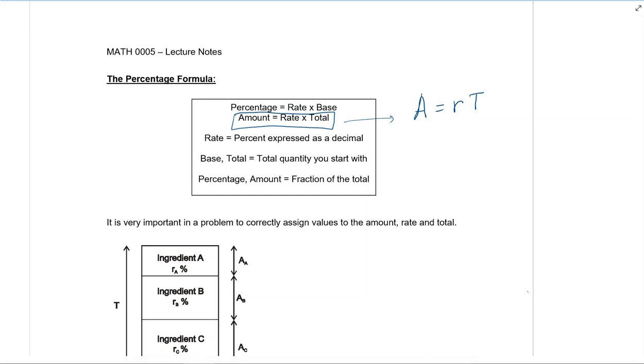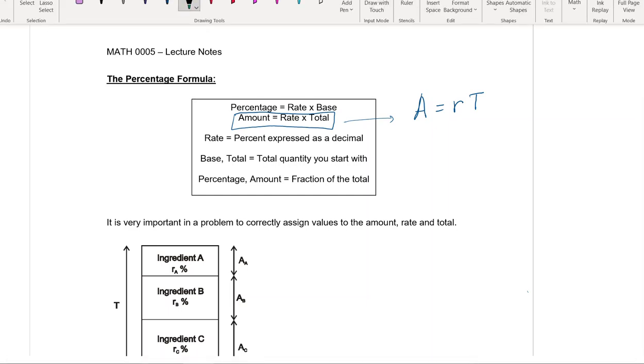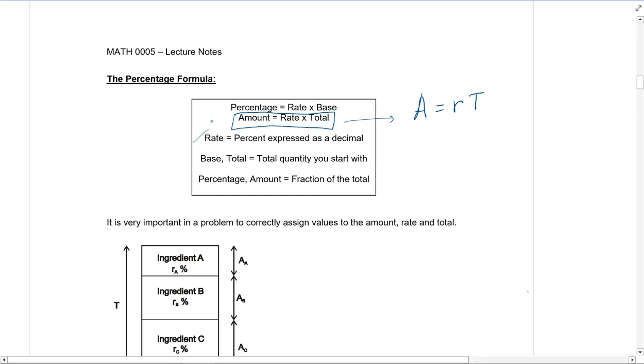Rate is the percentage, but we always express that as a decimal. Base or total is the total quantity you start with, and percentage amount is a fraction of the total.